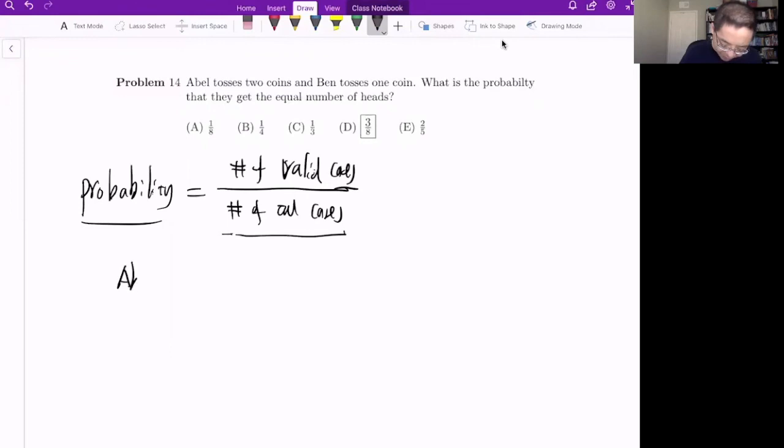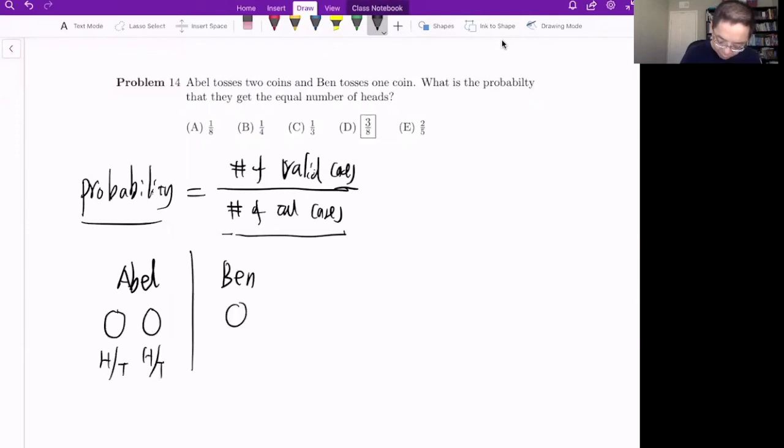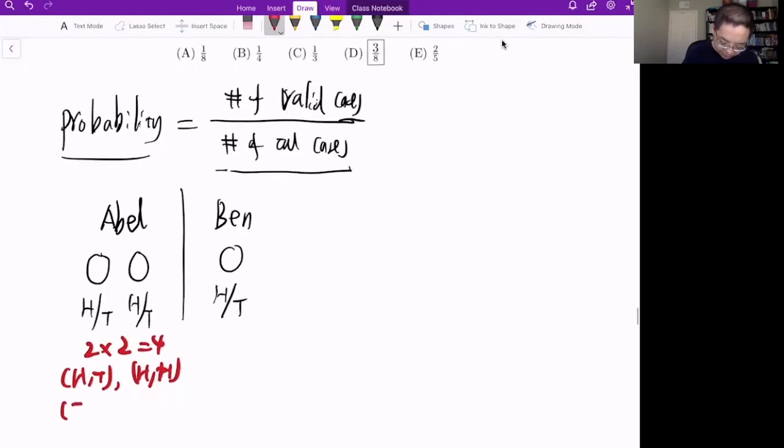First, let's figure out the number of all cases. Here we have Abel, and this is Ben. Abel tosses 2 coins, so each one could be head or tail, and Ben tosses 1 coin, so head or tail. Abel has 4 scenarios: by the multiplication principle, 2 times 2 is 4. You can write it out: head-head, head-tail, tail-head, and tail-tail.